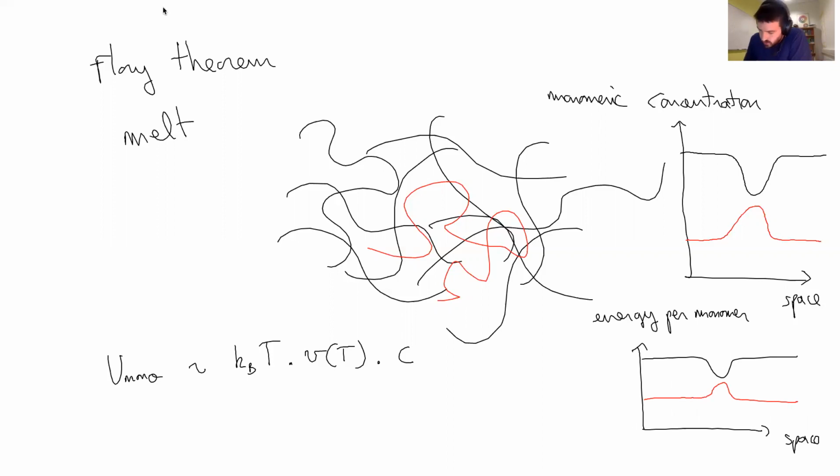And thus, immediately, since this system is a dense system, meaning that you have the same properties everywhere, it's homogeneous, it will imply here that the sum of those two is equal to the concentration of your homogeneous material, and thus it is a constant. So this is kBT times excluded volume times constant, simply because those two compensate.